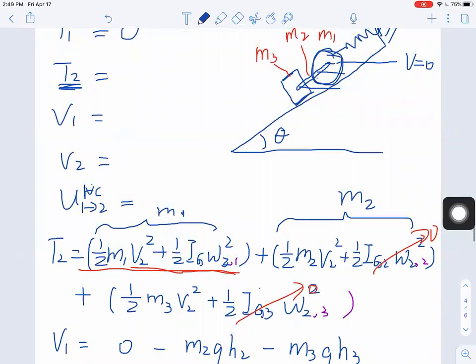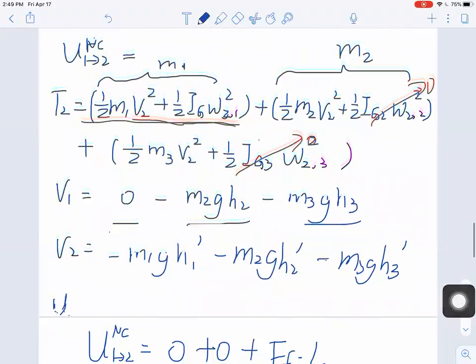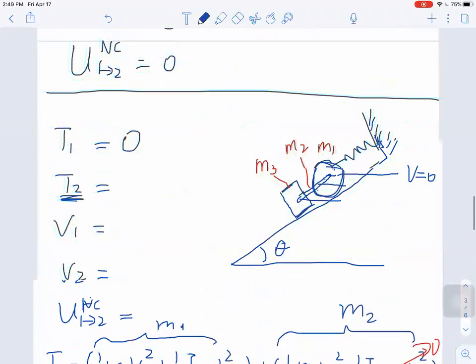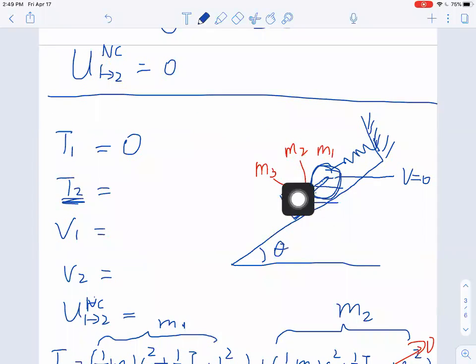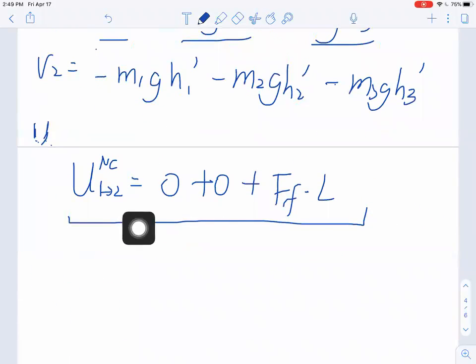Then you need to consider the kinetic energy for each mass, including both the first term and second term, depending on which one you pick. In this case, we pick the mass center for all three masses. Something to pay attention to is this is a mixed problem with a disk with no slip, and also a block just sliding down the slope. Therefore, the work done from non-conservative forces has this friction force times L from the block sliding down the slope.